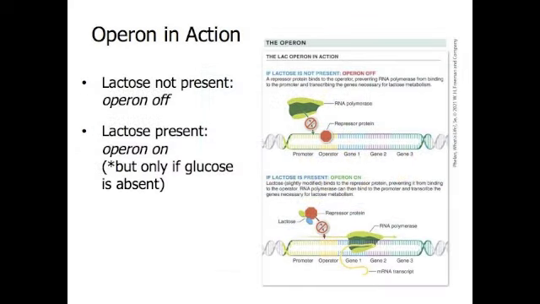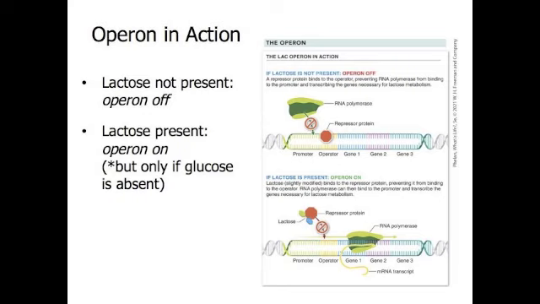Moving on, here's how the operon, or what we call the lac operon, functions. If lactose is not present, 1, the regulatory gene produces the repressor protein. 2, the repressor protein binds to the operator region, and 3, the RNAP is blocked from transcribing the lactose metabolism genes.